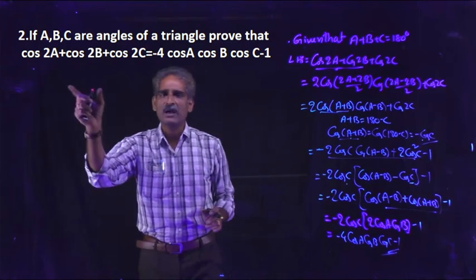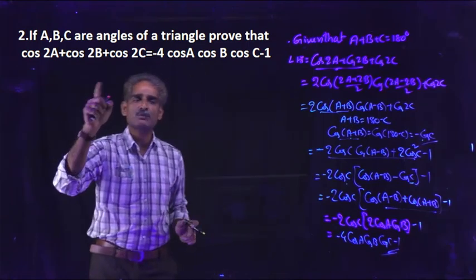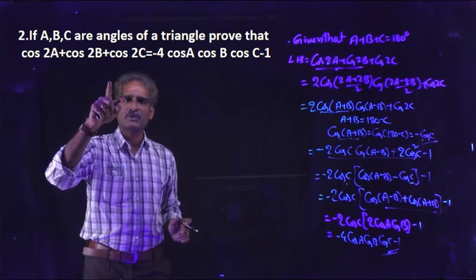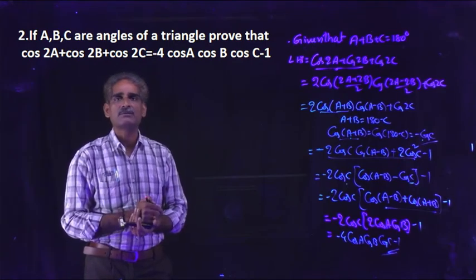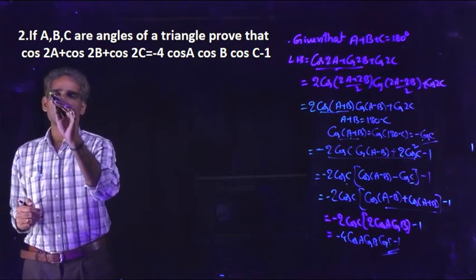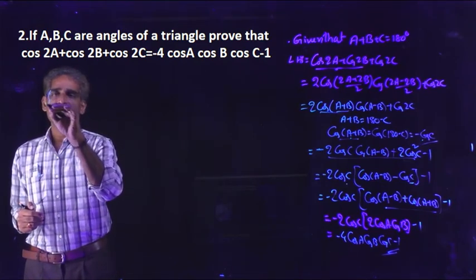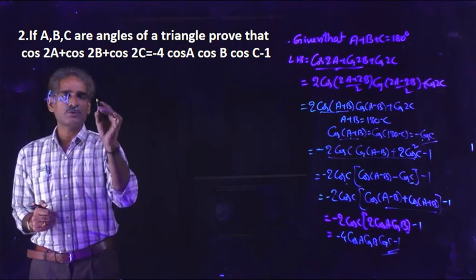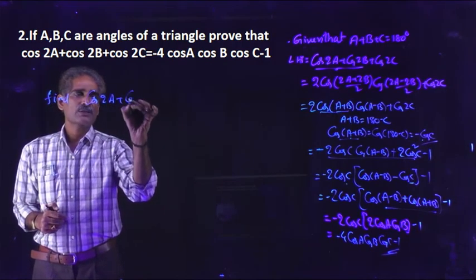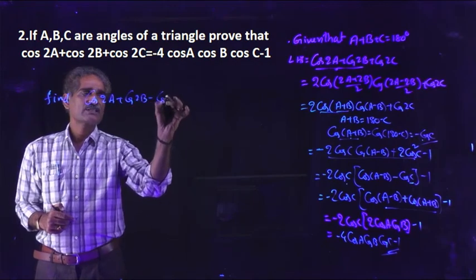If suppose he may ask cos 2A plus cos 2B minus cos 2C, in place of plus, if suppose I am giving minus, how can you find? Just try to do this problem on your own. Find the value of cos 2A plus cos 2B minus cos 2C.